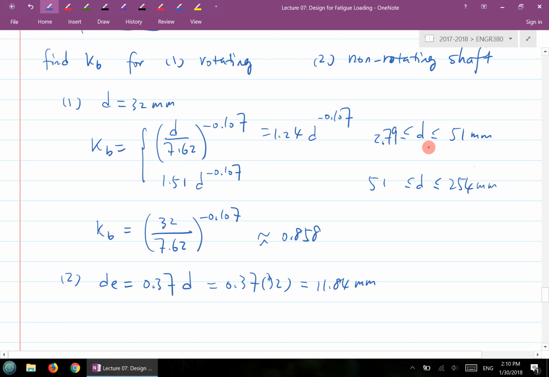And then we use this same formula for calculating the KB here. So 11.84 over 7.62, and that gives us slightly bigger value, actually 0.95954. Okay. So that's a simple example, how you can apply the formula appropriately and to get the size factor KB.